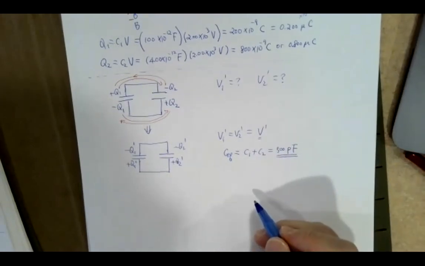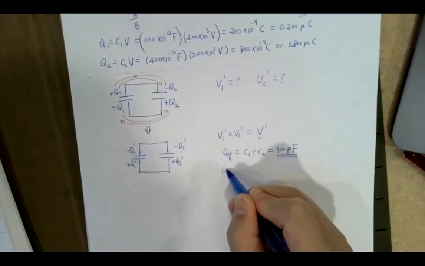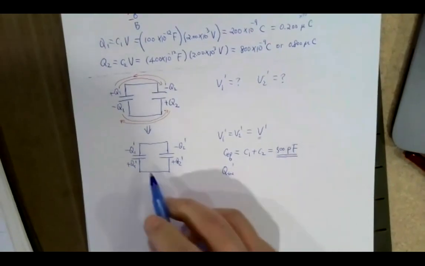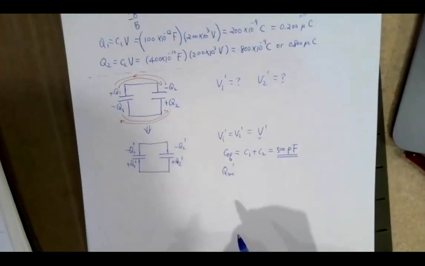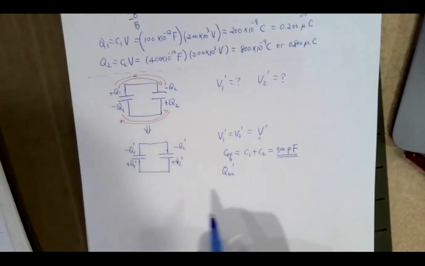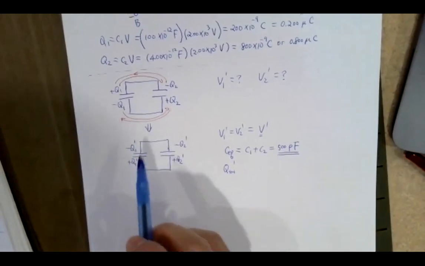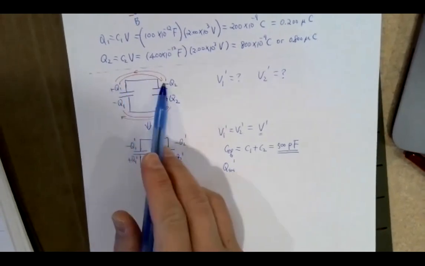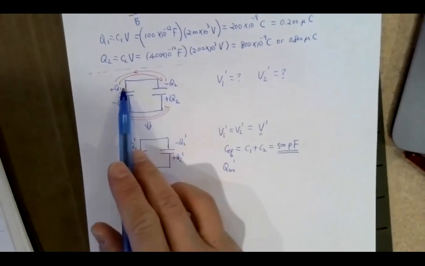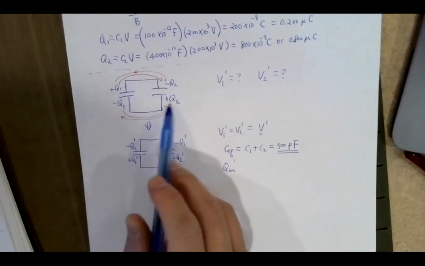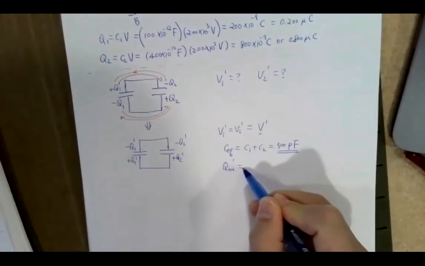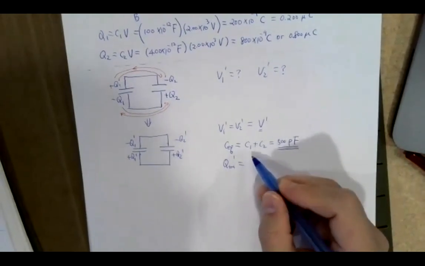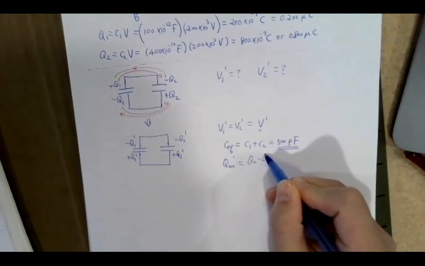So then what you need to know is what would be the Q total prime afterward, okay? So Q total prime, you can see, on the top plate will be the two added up, right? Redistribution adds up, and then the bottom also you add them up. Okay, so Q total will be equal to them. In this case, because Q2 is greater than Q1, it will be just Q2 minus Q1.